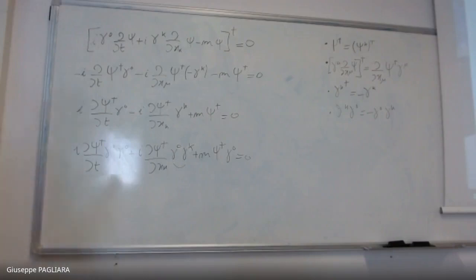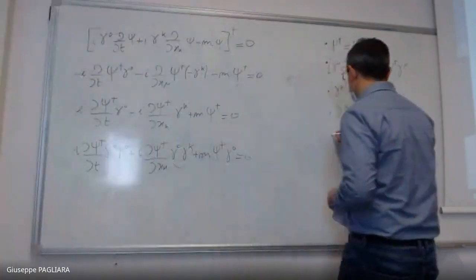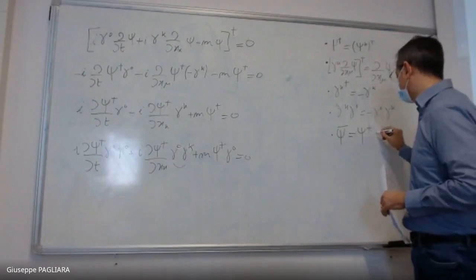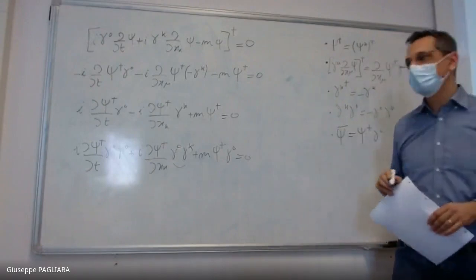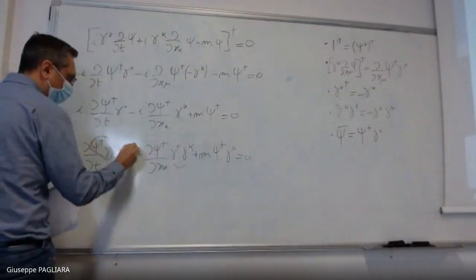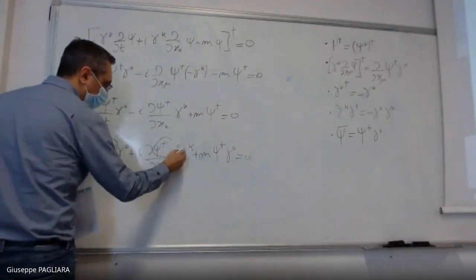The last thing we need to remember is the definition of the adjoint spinor. The adjoint spinor is the Hermitian conjugate times gamma 0. And this we have already here, see? One here, and one here, and one here.